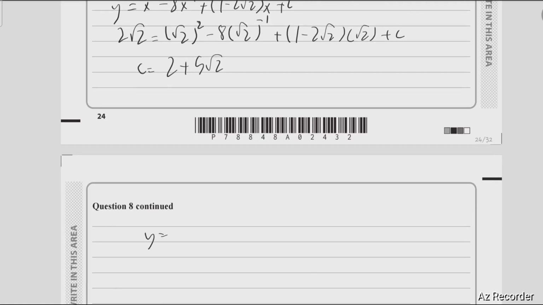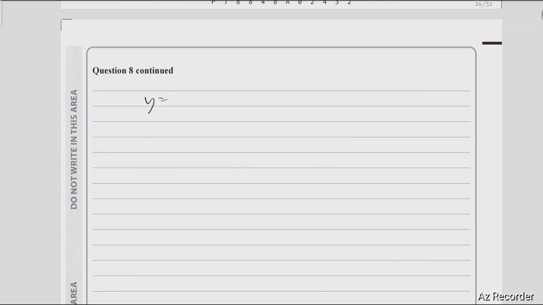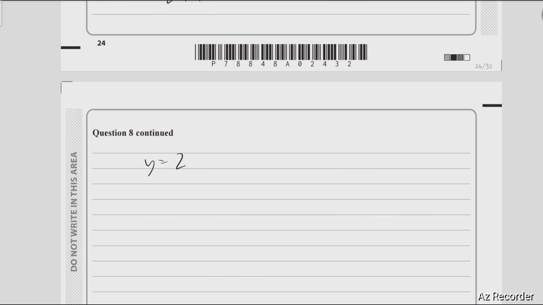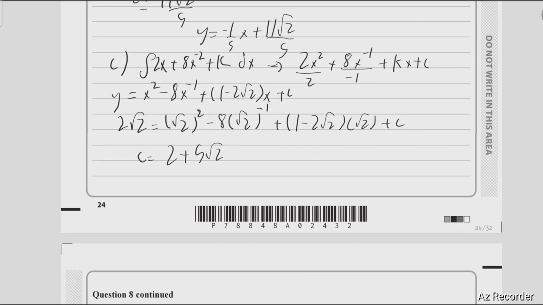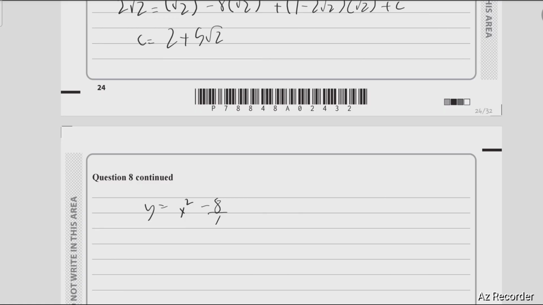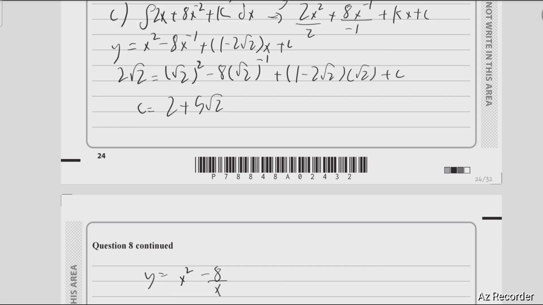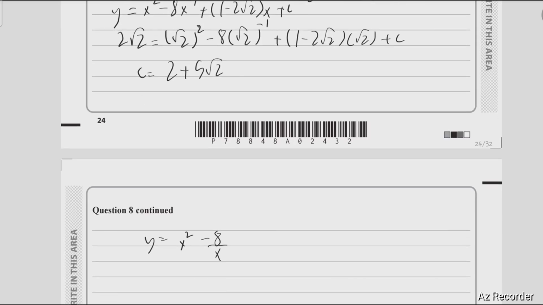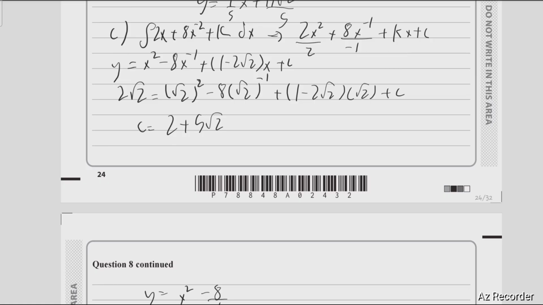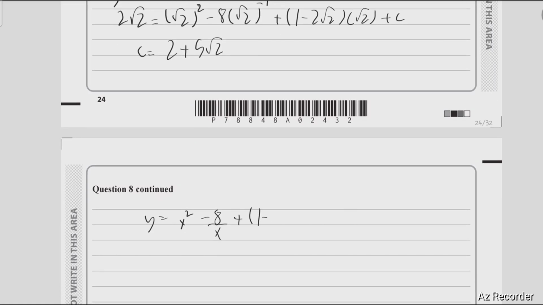And now y equals x squared minus 8 over x, because it's x to the power negative 1, which is that times 1 over x, so minus 8 over x, plus 1 minus 2 root of 2 x plus 2 plus 5 root of 2. Next question.